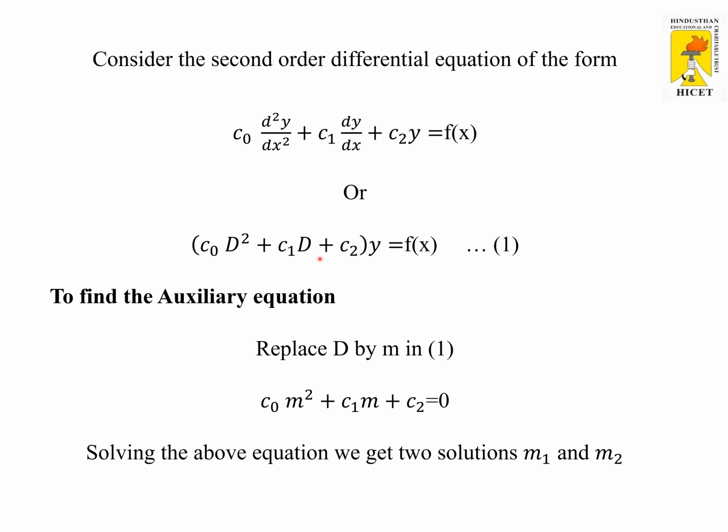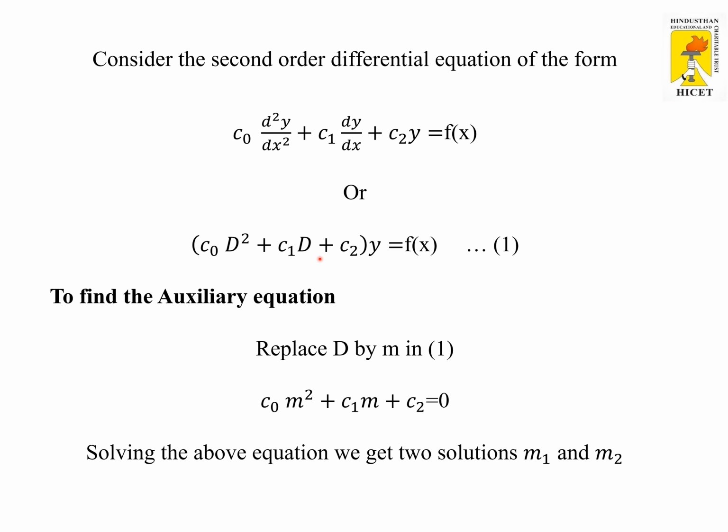So totally we have three types. If the roots are real and distinct, that is m1 not equal to m2, then the complementary function is a e^(m1 x) plus b e^(m2 x). If both the roots are repeated, that is m1 equal to m2, then that root is taken as m, and the complementary function is (ax plus b) e^(mx).